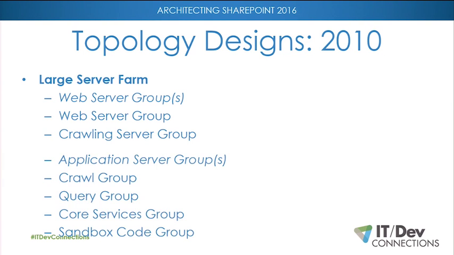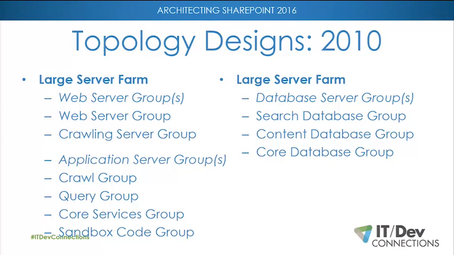It's that thought process. Then, of course, you could scale to application server groups, crawl groups, query groups, core services, sandbox code groups. They made it so you could literally scale to your heart's content in any way. And what did we end up with? No one doing it. Because what was the optimal way of doing it? Well, no one knew.